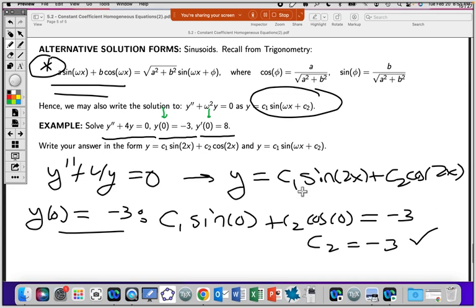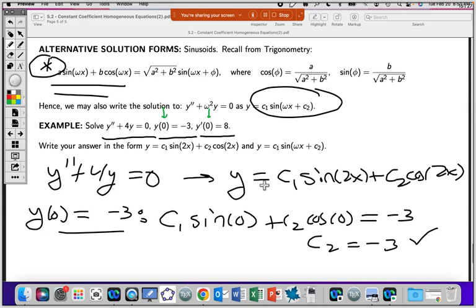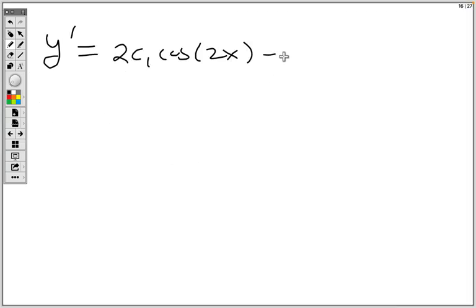So we'd have 2 c1 cosine 2x minus 2 c2 sine of 2x. And once again, a common mistake is forgetting about that 2. All right, so don't forget about that 2.